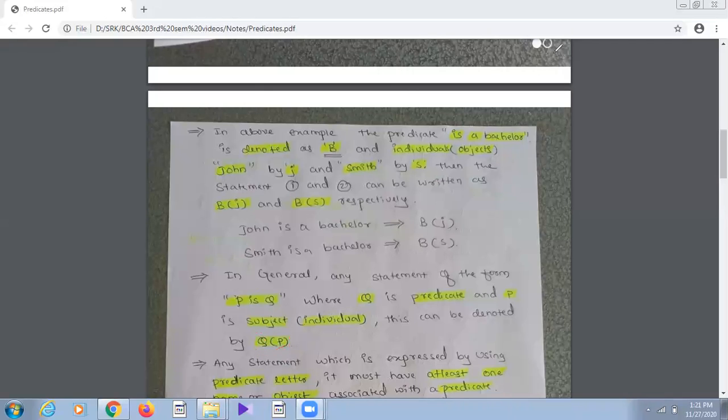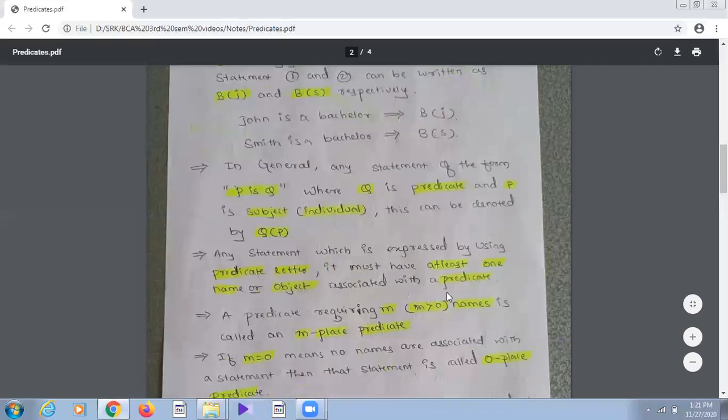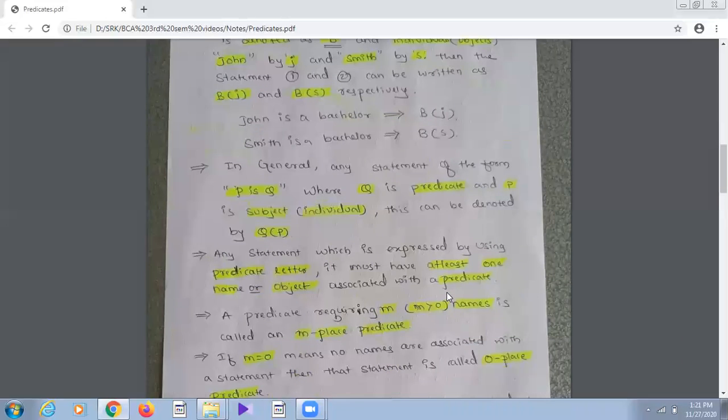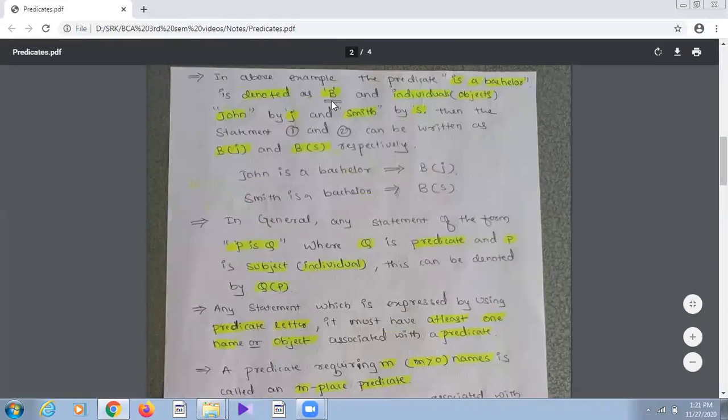Next point. In any predicate logic, any predicate statement, at least one object or individual has to be there. Suppose you denote B as any predicate, then at least one individual or object has to be there.